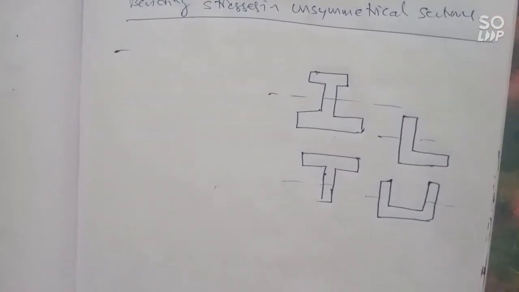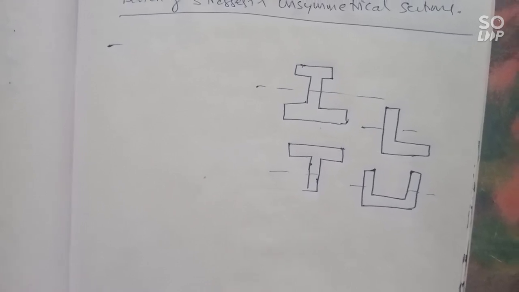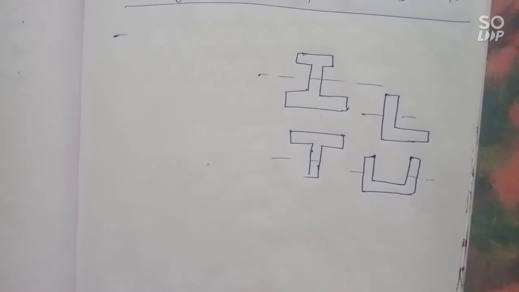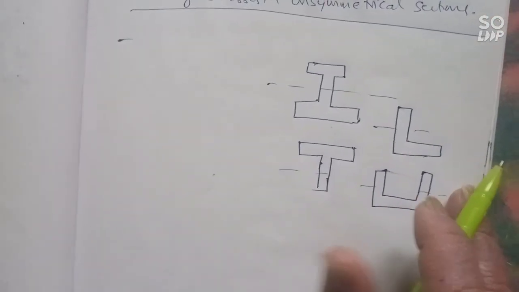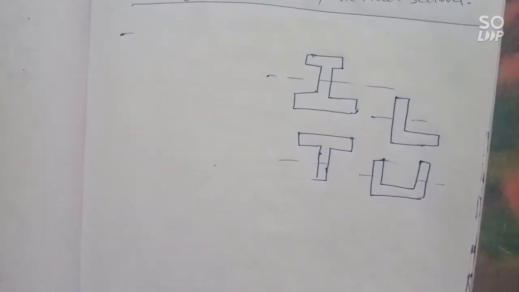We need to find the neutral axis. The neutral axis does not pass through the geometrical center of the section for these types of sections.